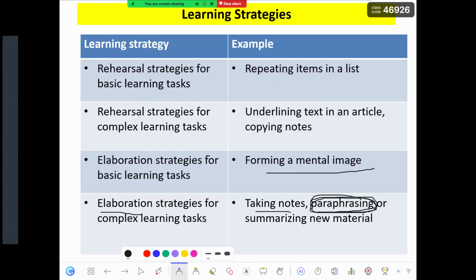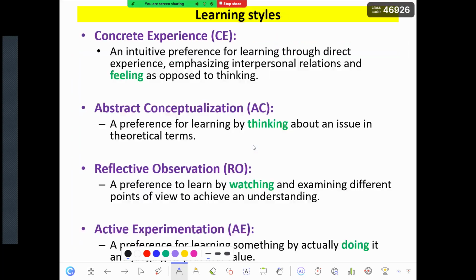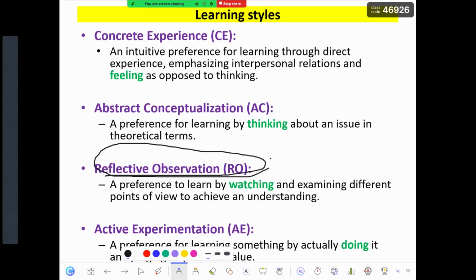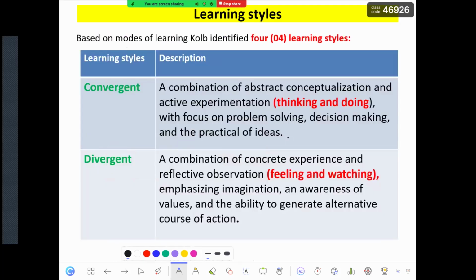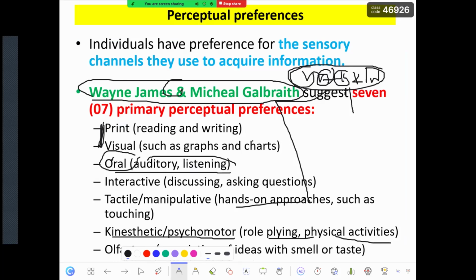For example, we talked about these different perspectives here, reflective observation. When you draw, when you hold this, when you refer to these things, obviously you can understand very clearly what the model is.